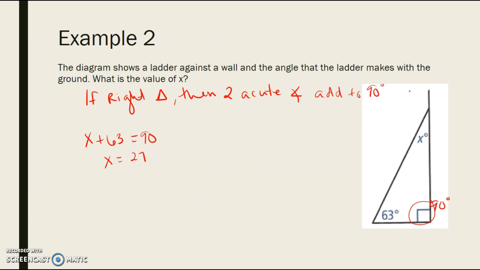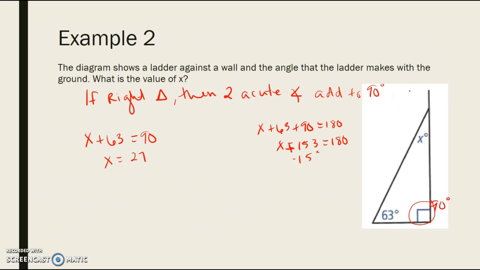You could still do the fact that this all adds up to 180, and so you would have had x plus 63 plus 90 equals 180, and our 63 plus 90 would give us the fact that x plus 153 equals 180.